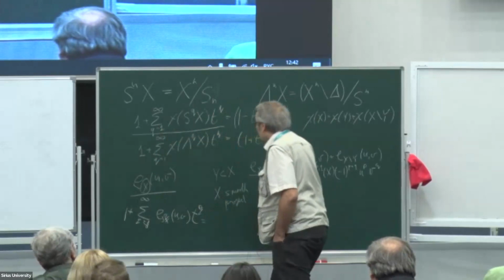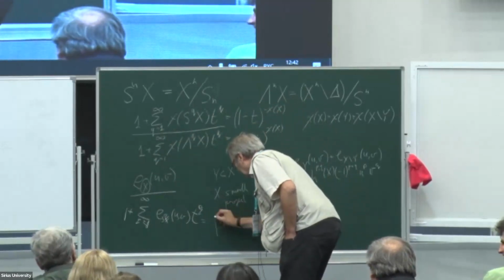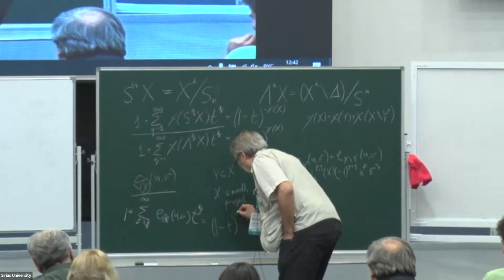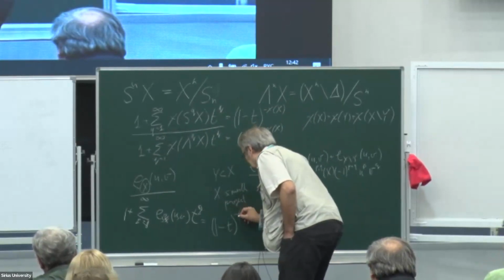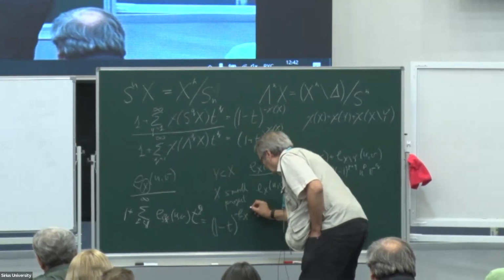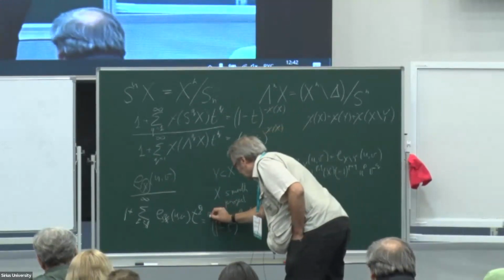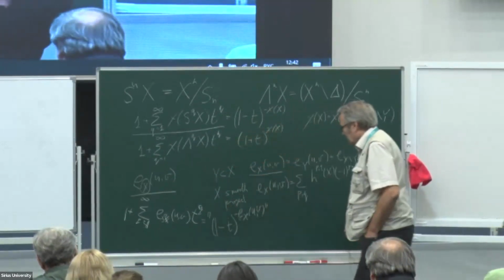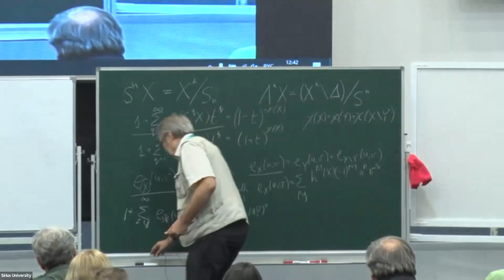This is, one can write (1 minus t) to the power minus the Hodge-Deligne polynomial of uv, but in some sense, so I have to write it in quotation marks, where this means the following. This is a relation.